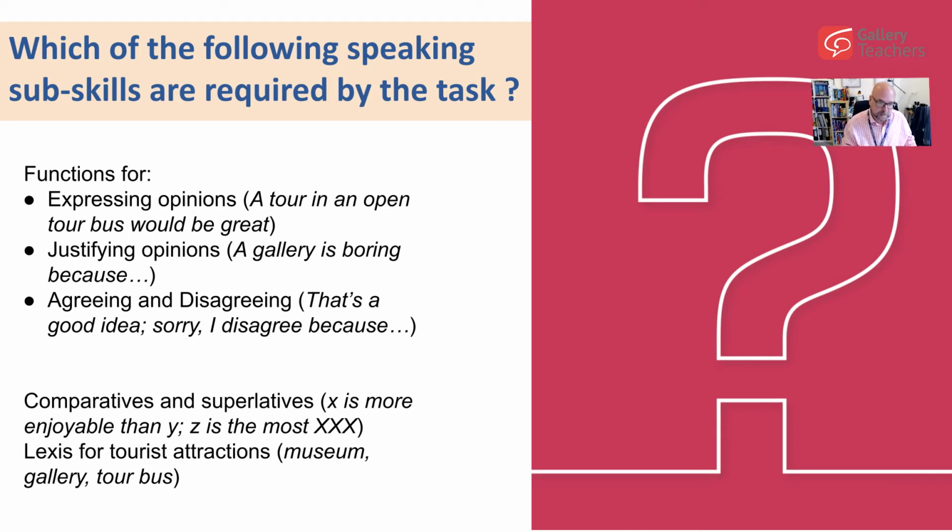Now, quite reasonably, you might be thinking, well, what about comparatives and superlatives and that lexis? Well, I'm going to be quite hardline here. And I'm going to suggest that this is developing the speaking skill. This is developing a linguistic skill. There is, of course, an overlap.